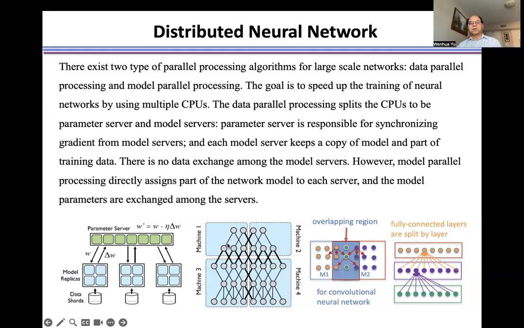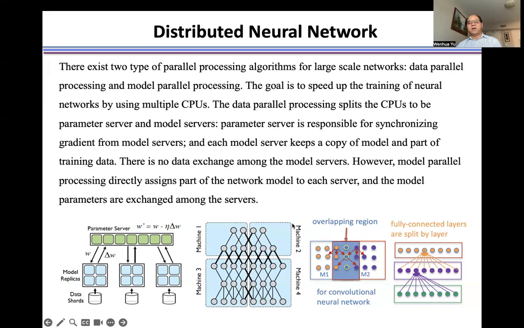Because each server has only part of the model, to work on the network training we have to send and receive from each server. We have to send or receive the model parameters to make sure they work as a single computer. That's a little more complicated than data parallel processing.